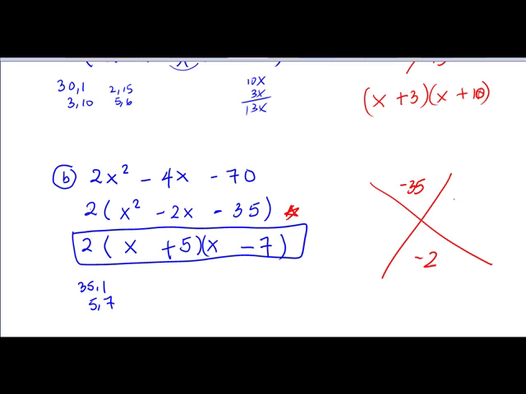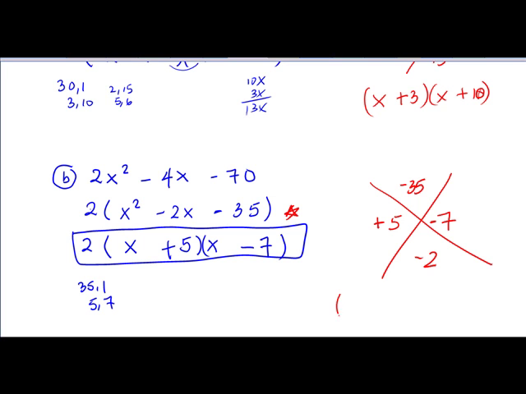So I'm looking for 2 numbers that multiply equal to minus 35 and add together equal to minus 2. So that means I must have a minus number here and a positive number here to multiply equal to minus 35. And only 2 numbers, 5 and 7. Okay, so minus 5 times 7 is minus 35. Minus 5 plus 7 is not minus 2. So all you have to do is change the sign. Like that.